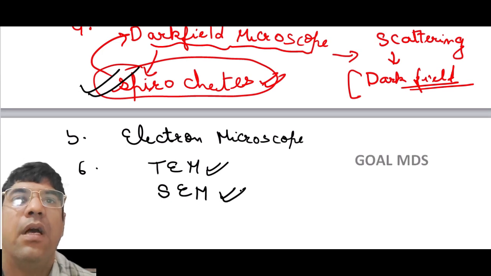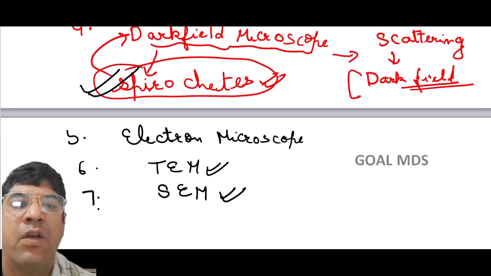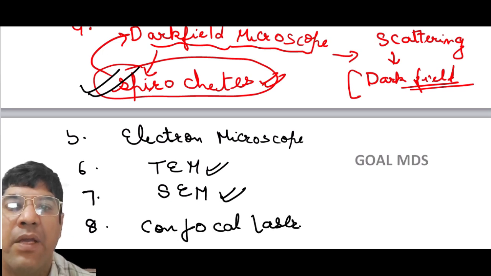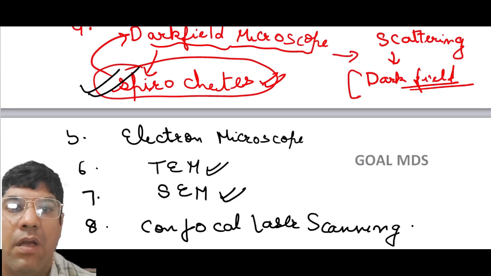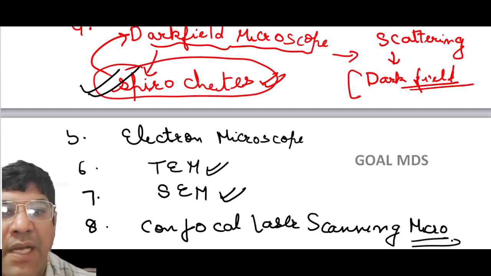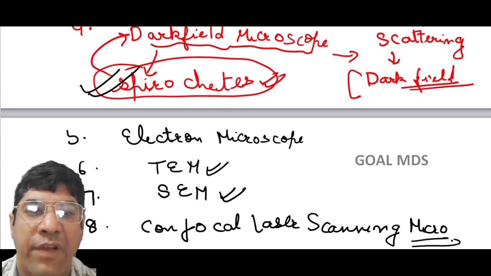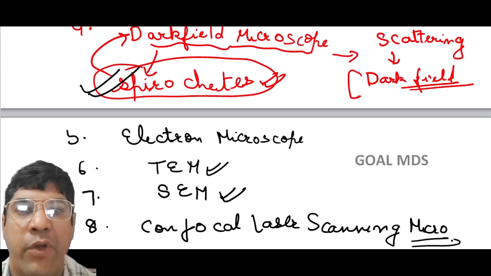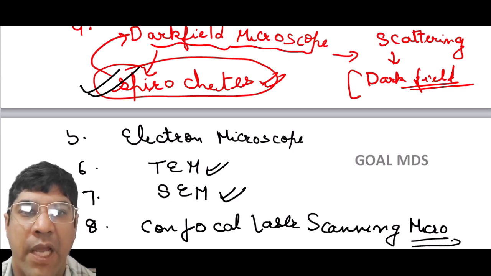Eighth is the confocal laser scanning microscope. It is used for 3D images and analyzing of microorganisms, for understanding the cell structures and studying the biofilm. So these are the microscopes that we can use in the field of microscopy.